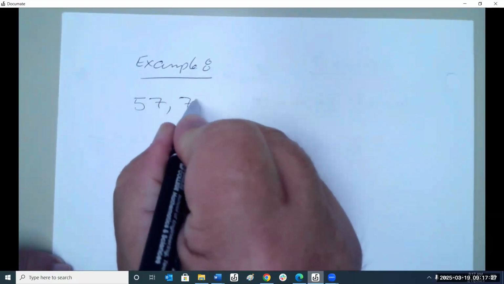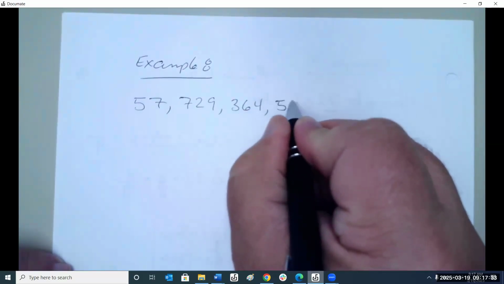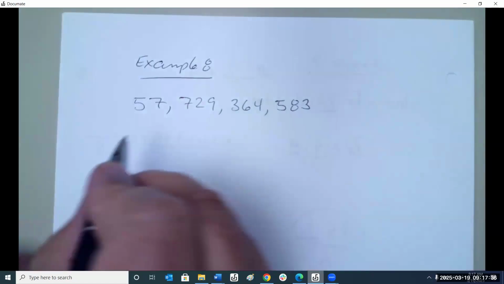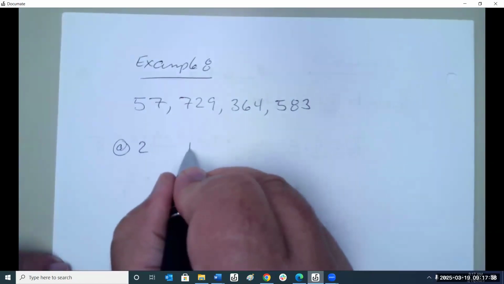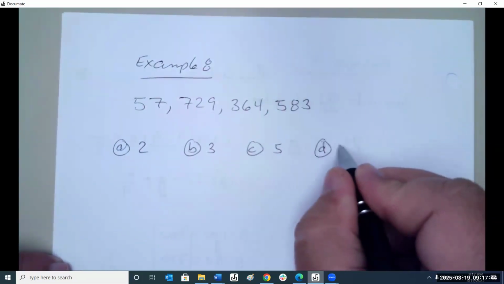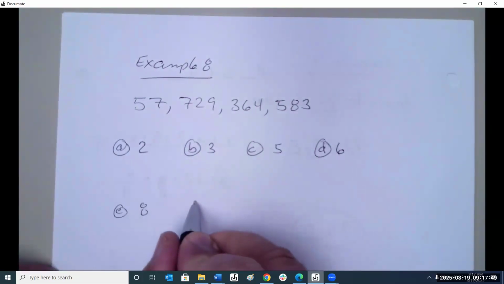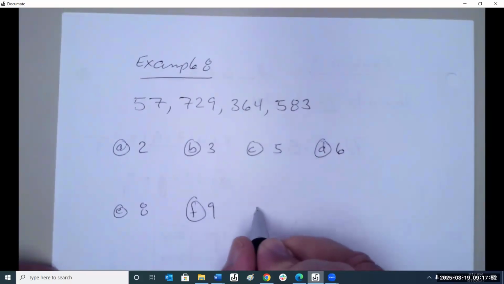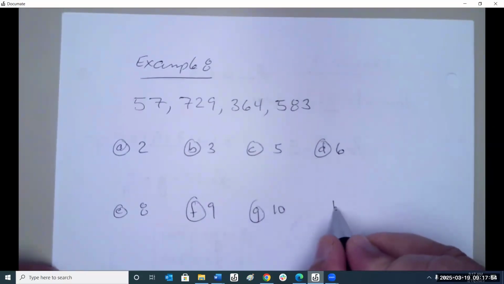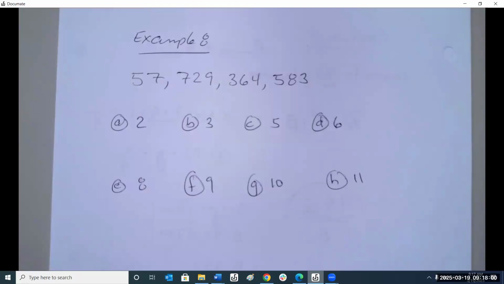Determine, here's a number, 57,729,364,583. Which one of these numbers go into that big number?